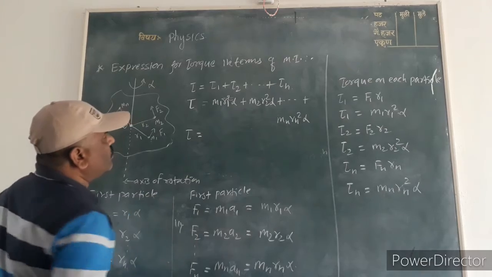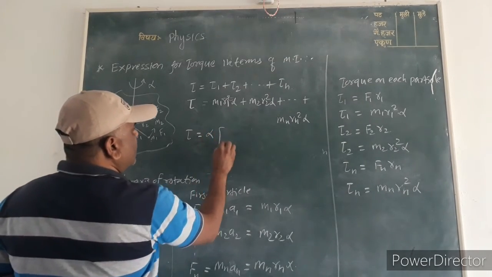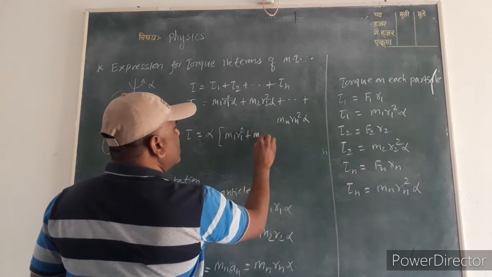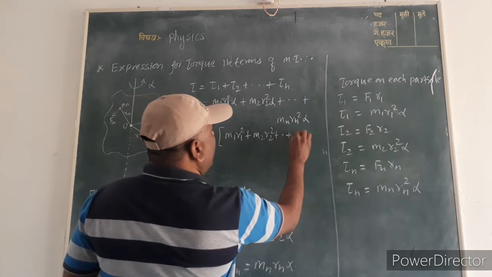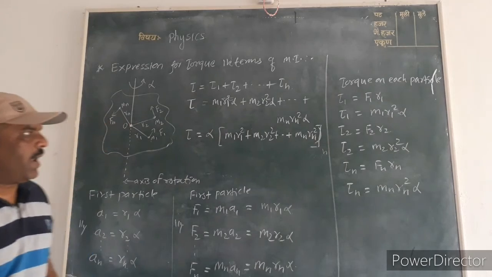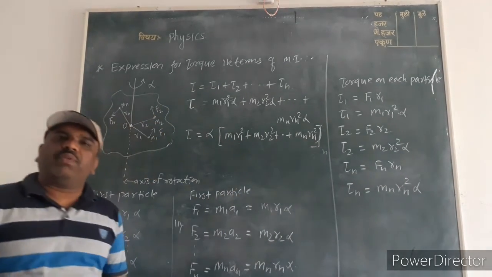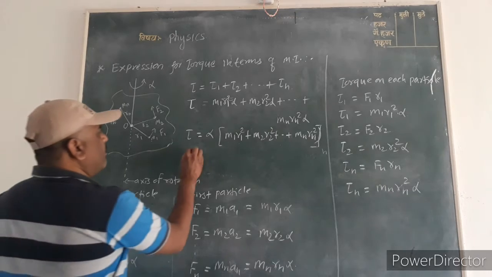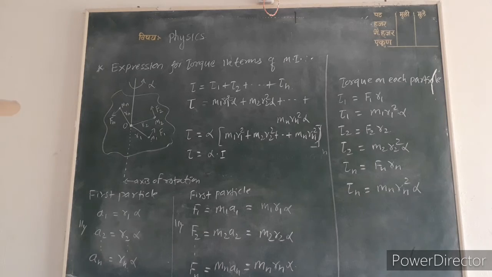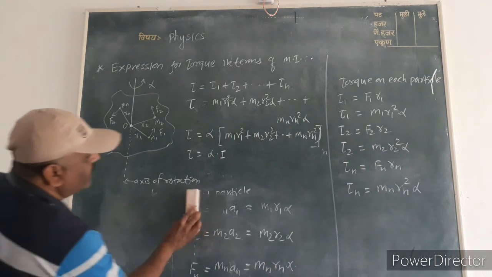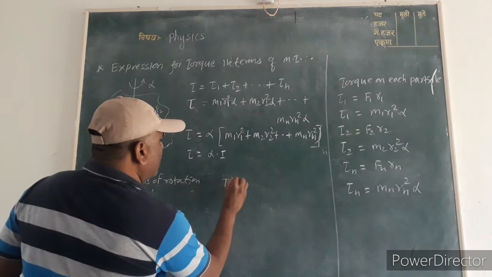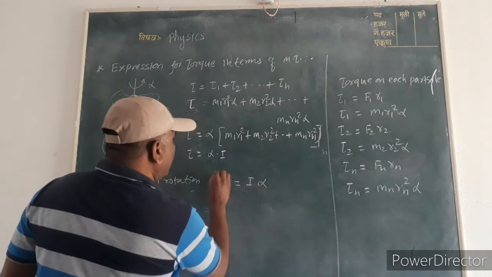So τ is equal to alpha, which is constant, into the bracket m1 r1 square plus m2 r2 square up to mn rn square. But this bracket is nothing but the definition of moment of inertia. Therefore, τ is equal to I alpha, where I is the moment of inertia.